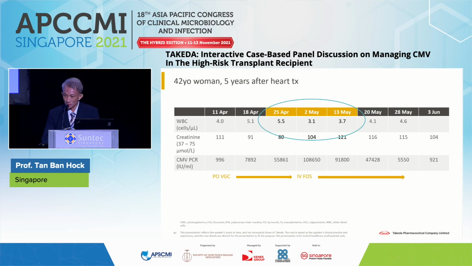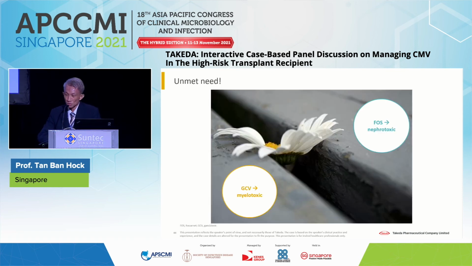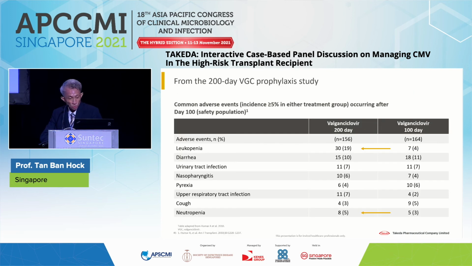So as you can see, this patient in whom we started foscarnet, her white cell count began to drift down when she had been on Valgan, and her creatinine went up. So that's where I think the unmet need is. Ganciclovir is myelotoxic and foscarnet is nephrotoxic, something that we knew a long time ago, right?